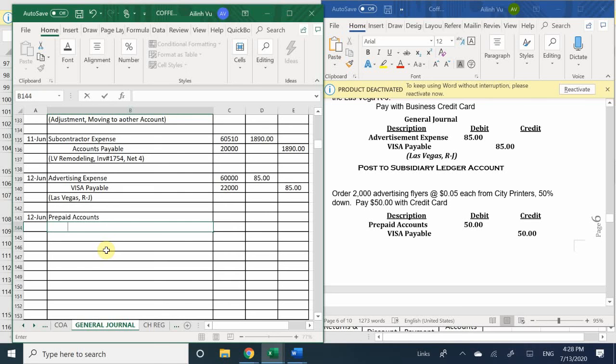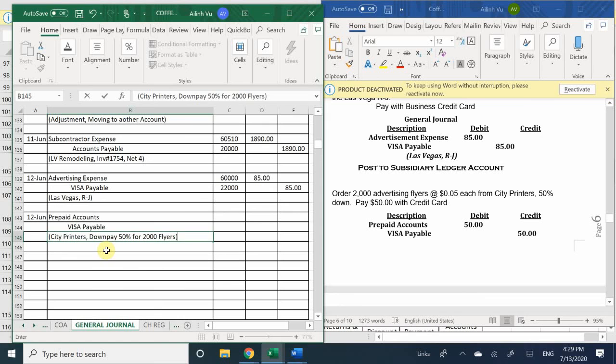Okay, so prepaid accounts, and we used our Visa payable because we paid with our credit card. And then I'm going to indicate right here, City Printers, down payment 50% for 2,000 flyers.